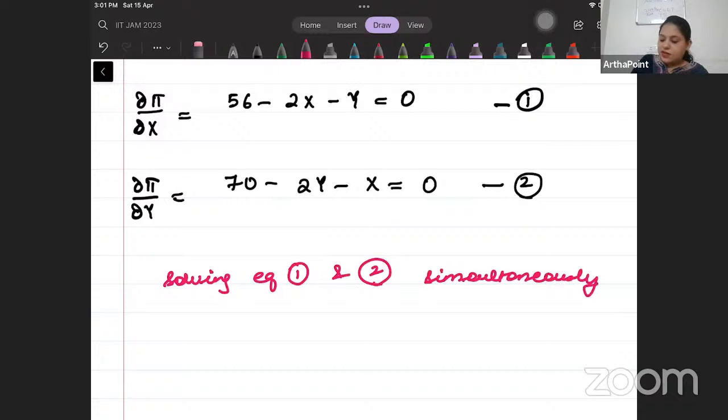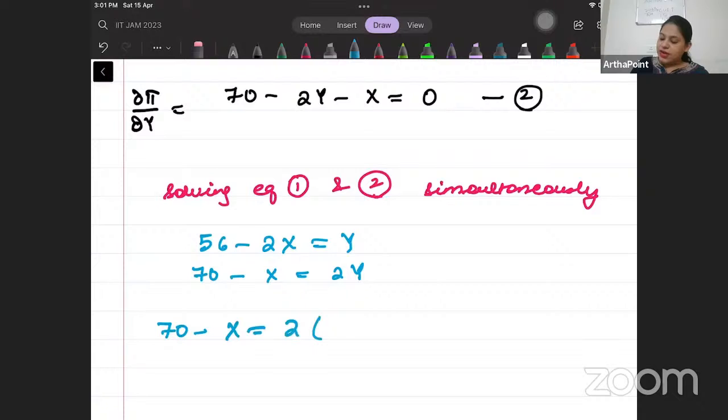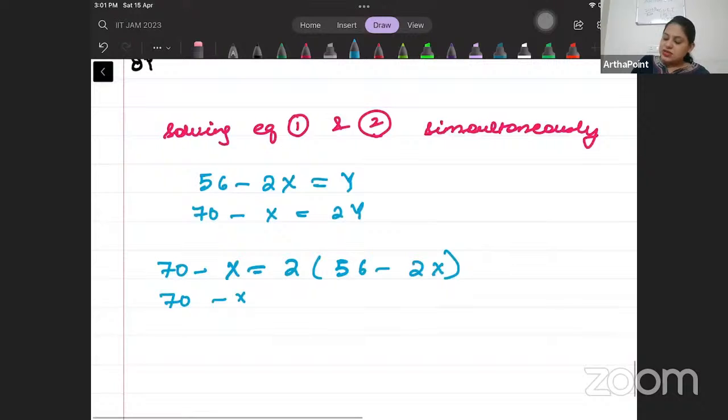So you will get 56 minus 2x is y and 70 minus x is 2y. From here, you can use the method of substitution or Cramer's rule, whichever you want. I will use the method of substitution. 70 minus x is equal to 2 times y, and in place of y I will write 56 minus 2x. So 70 minus x is equal to 112 minus 4x. 3x is equal to 42.